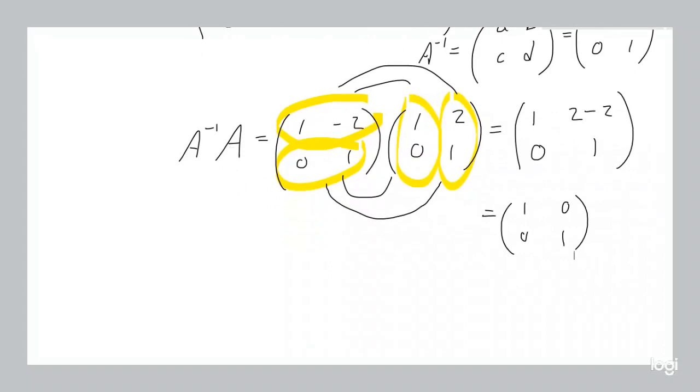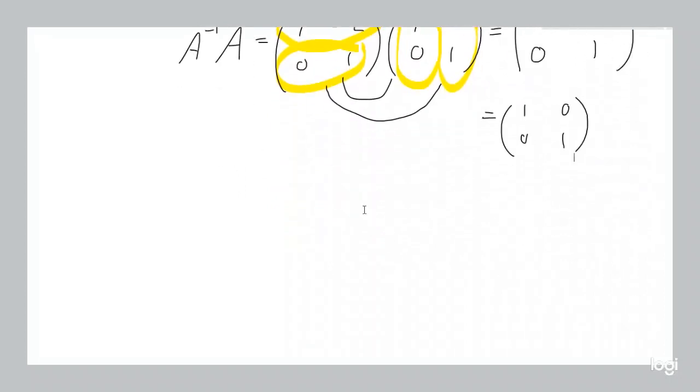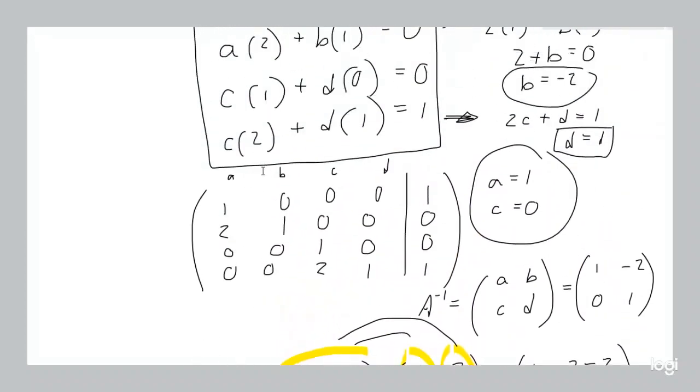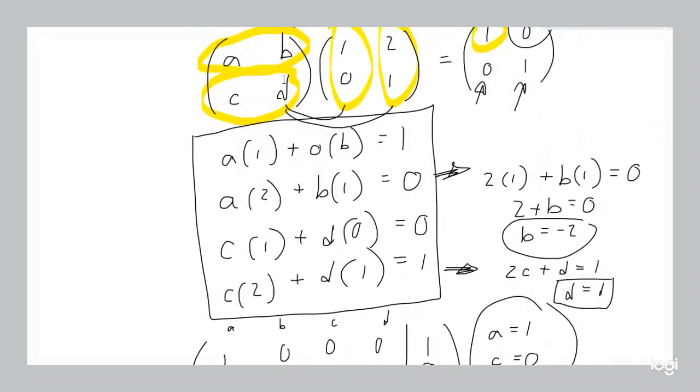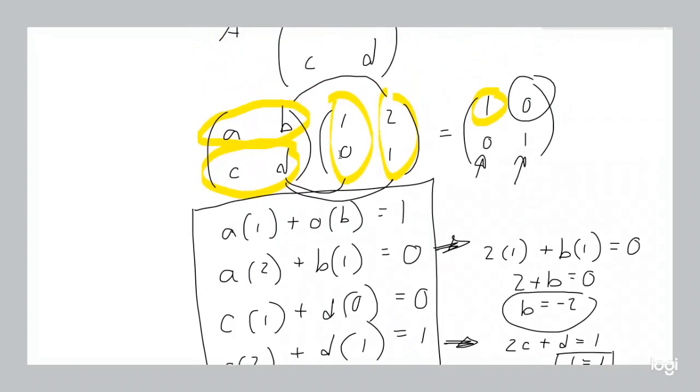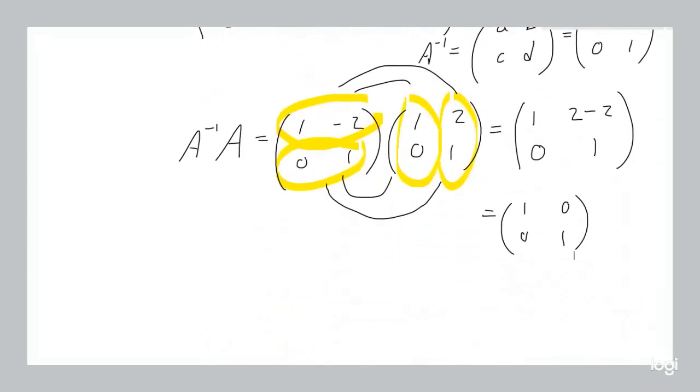Now, this is one way to find the answer, but here it was rather easy because we're dealing with a matrix that has a 0 in it, and we're only dealing with 2 dimensions. Here's a more general way of finding the matrix inverse. We'll do two dimensions as an example.